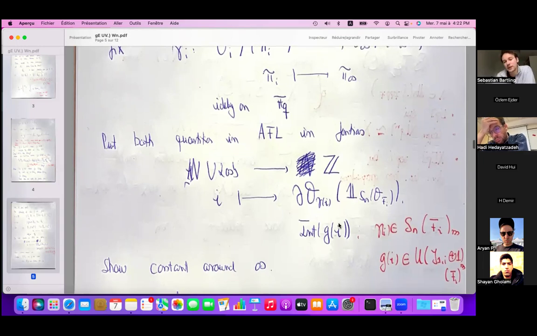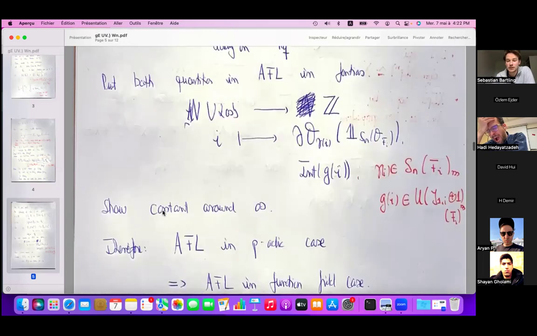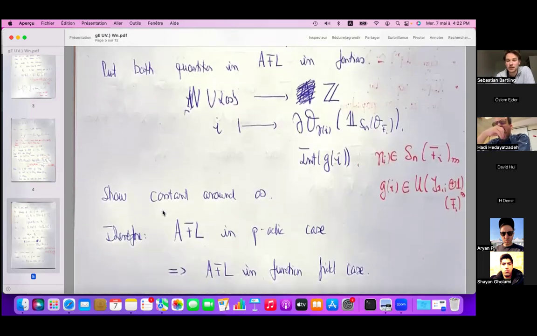And if you have this constancy, you can deduce the equality at infinity by knowing it for i's which are close to infinity. You know it in the p-adic situation, and this way you can deduce it for the equal characteristic situation. So that's roughly the idea.